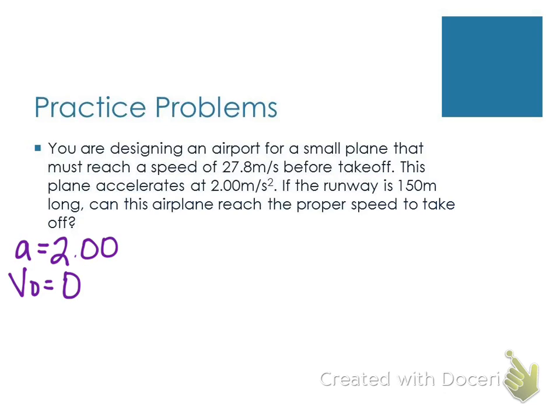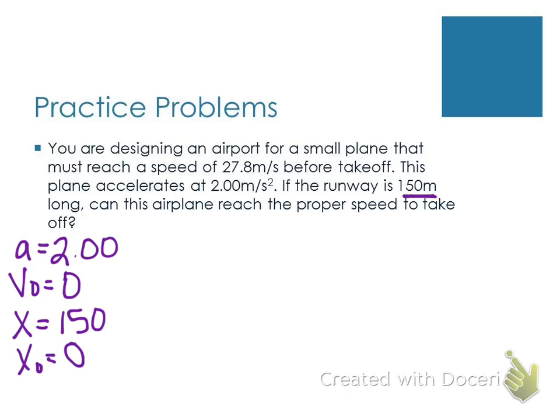Does that make sense? We can picture what's going on here? Okay. And what else do we know with this number? It's our x. What about our x initial? Zero. Good. Our initial position is the starting point of the motion, which we just consider our origin, right? That's where we're starting the whole thing from.